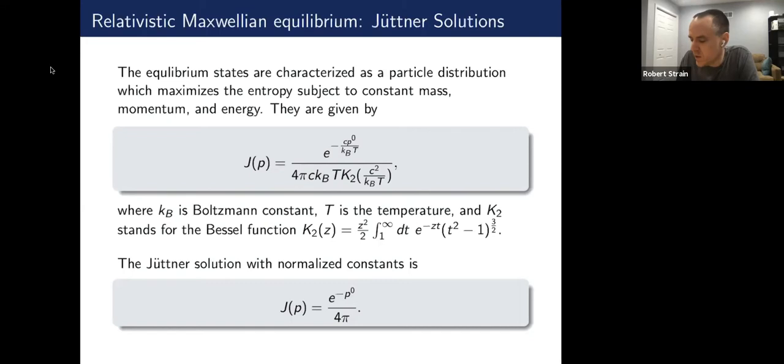Then the Jüttner solution with normalized constants is just this one: J of p is e to the minus p0 over 4 pi. And this one has unit L1 mass. These are the equilibrium solutions to the equation, or some of them.